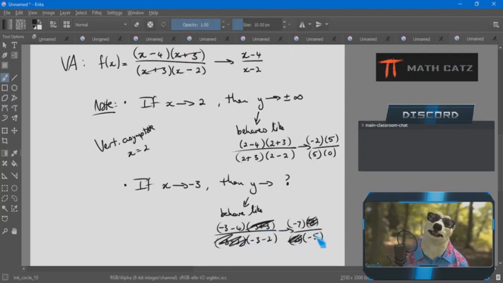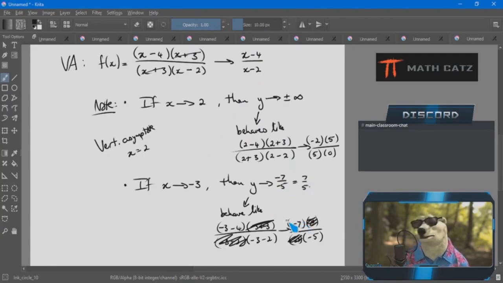And they're always shrinking at the same speed, actually. And the other guys tell me what is happening overall. It's behaving like x minus 4 over x minus 2. And when I plug in that, I get negative 7 over negative 5, or 7 over 5.